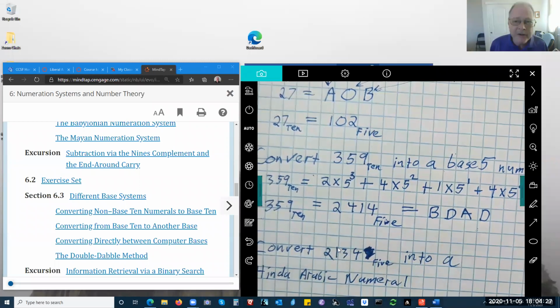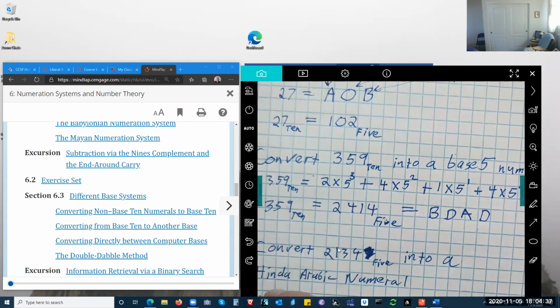So let's make our number 2134 base 5. Okay. So that's, so the place values.